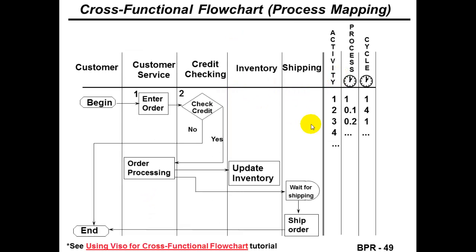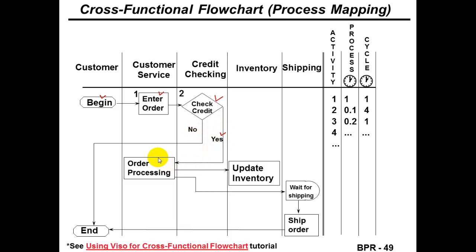So this is an example of what we refer to as a cross-functional flowchart that we will use for process mapping. And this indicates the customer initiates the process by placing the order. The customer service department will enter the order into this system. The credit checking department will check credit, which is a decision. The result can be approve or deny.